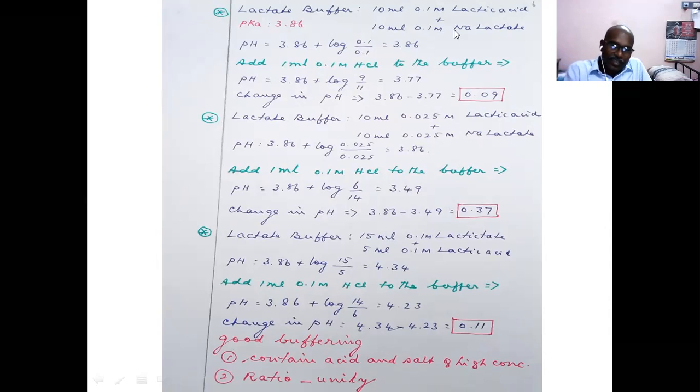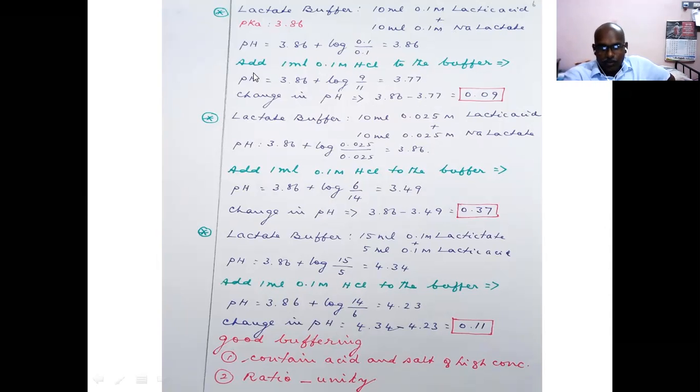Therefore, in the buffer solution after the addition of 1 ml of 0.1 molar HCl, you will have 9 ml of sodium lactate and 11 ml of lactic acid.